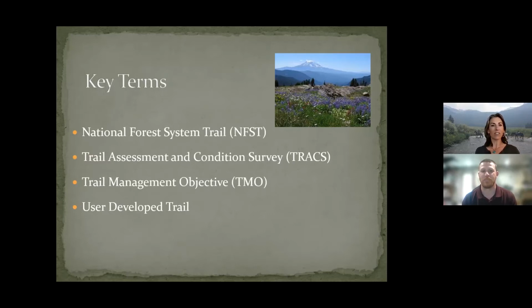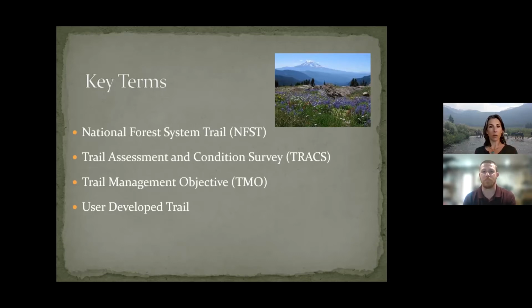And then trail assessment and condition survey, we never say that term, we always say TRACS. So you will hear that a lot as well. A TRACS survey is our required methodology for conducting trail condition assessments and inventorying the different structures out on a trail. And then the trail management objective, we pretty much never say it like that. It's always called TMO, and that is essentially a document that summarizes the management intent for a trail and management direction.